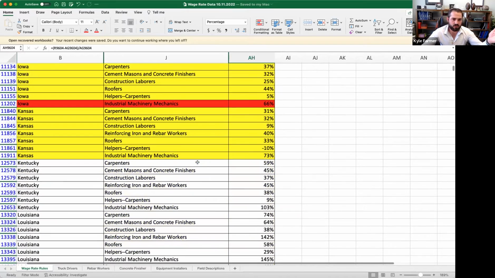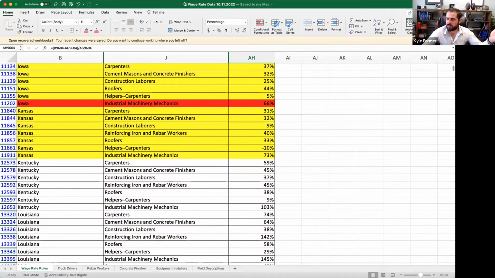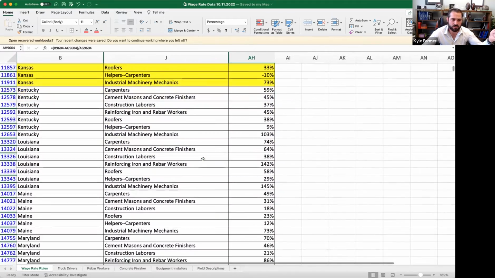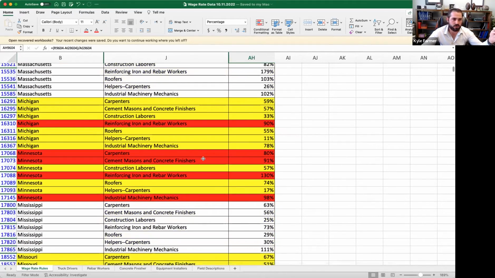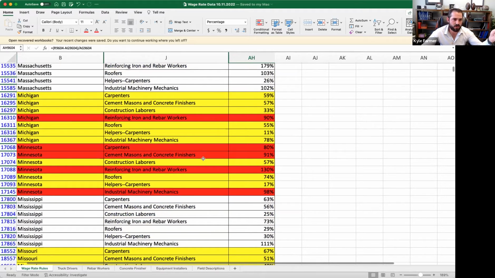So let's see here. If you have any particular states that you want to see, just put it in the chat box here. Happy to show you any particular states and any particular job codes too. But look at this one. So let's take a look at Minnesota, for example. Minnesota carpenters up 80%. Concrete finishers, 91%. Reinforced iron and rebar workers, 130%.